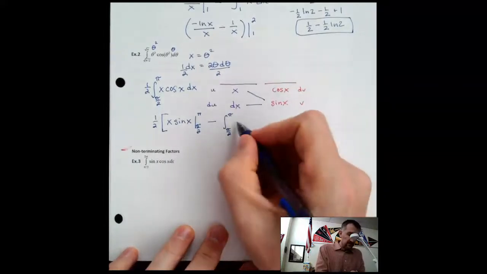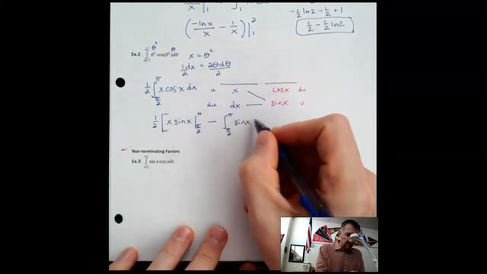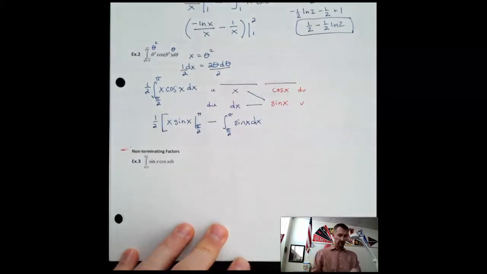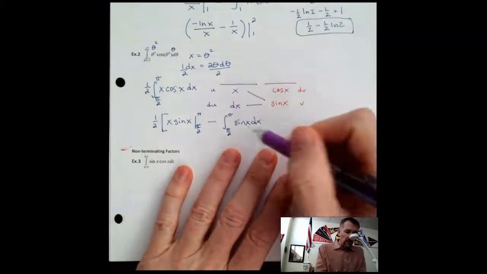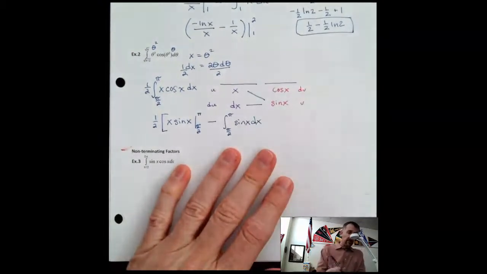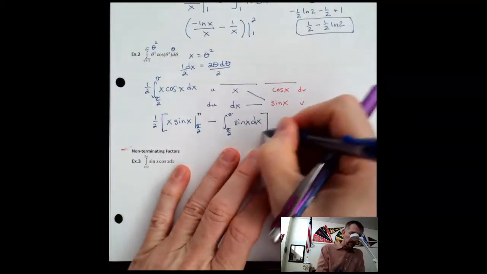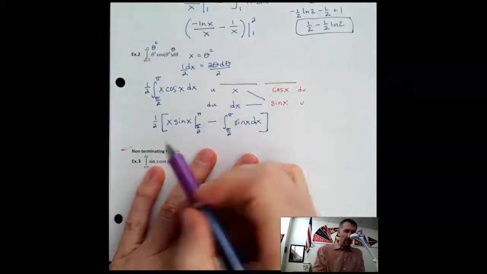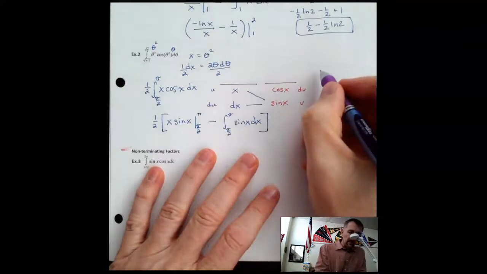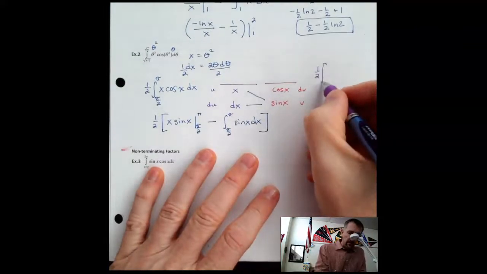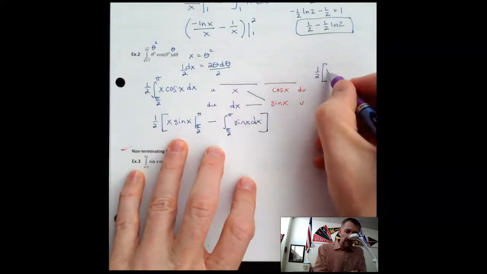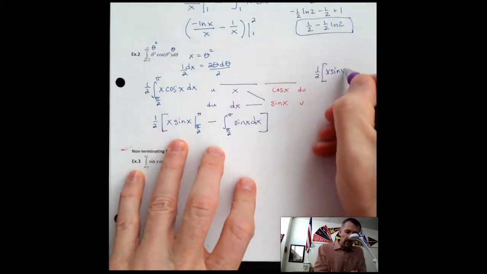So that's just sine x dx, like that. Okay? So, I guess I could finish off that bracket there. Now, leave that 1/2 out there, and we've got x sine x right here.